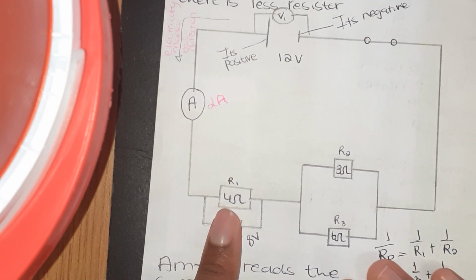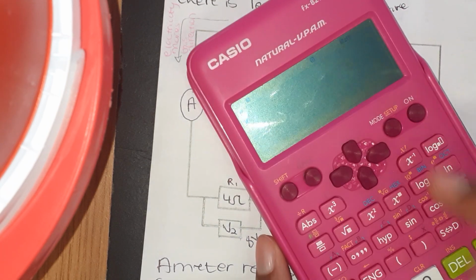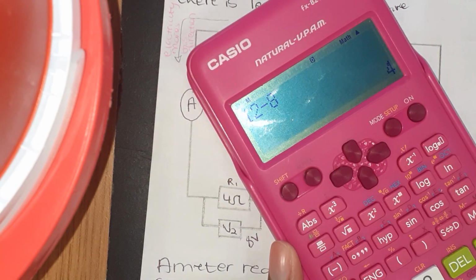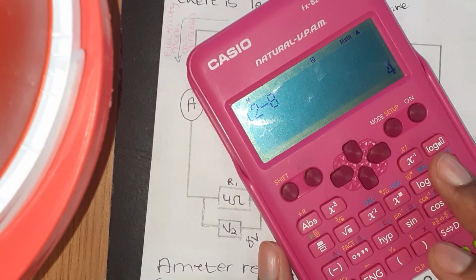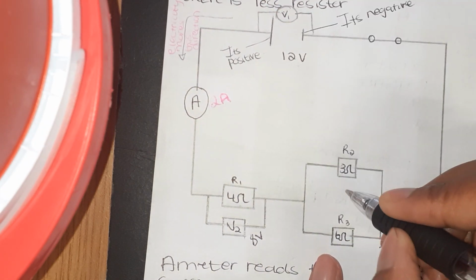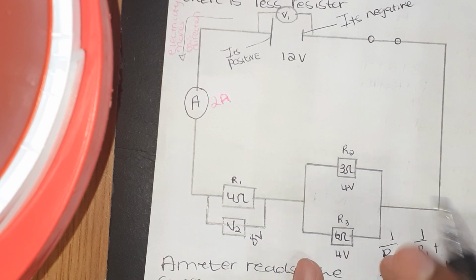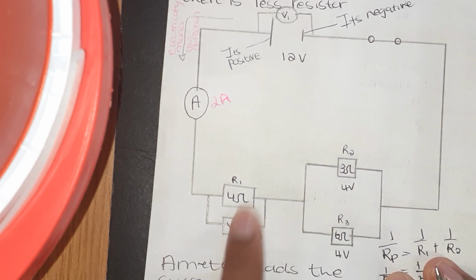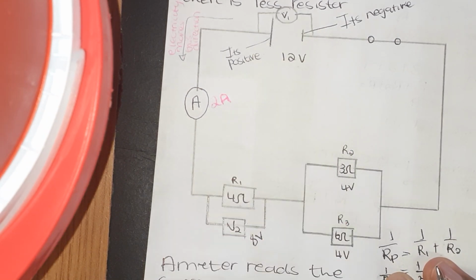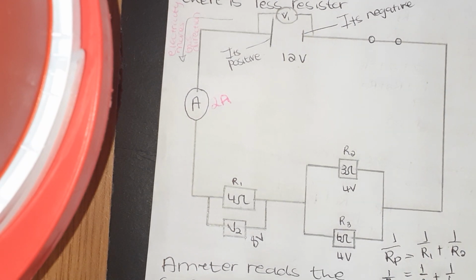And then when you say 12 minus 8, you will get 4, right? Which means there's 4 volts here and there's 4 volts here. But this 4 plus this gives you 12. So that's just what I'm trying to show you.